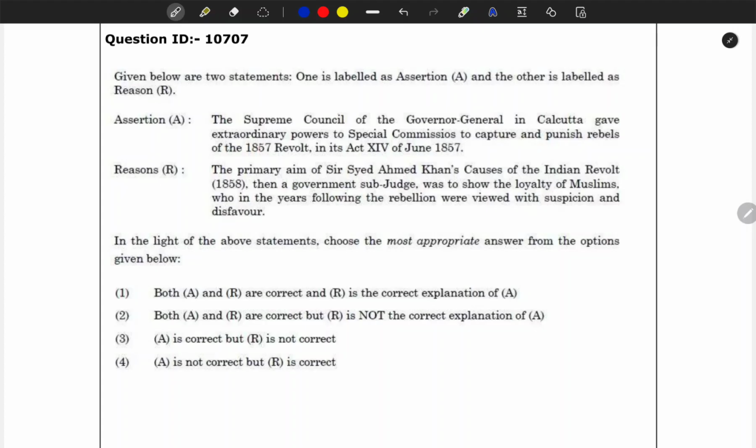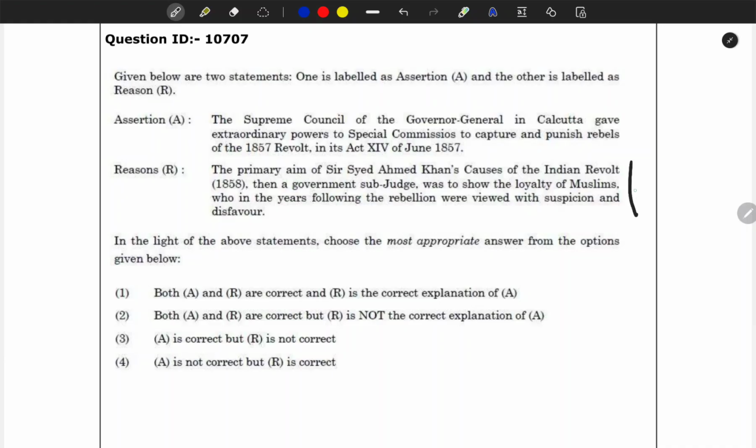The primary aim of Sir Syed Ahmad Khan's cause of the Indian revolt in 1858, then a government sub-judge, was to show the loyalty of Muslims, who in the years following the rebellion were viewed with suspicion and disfavor.